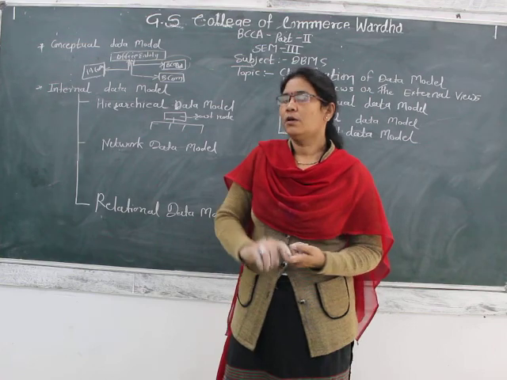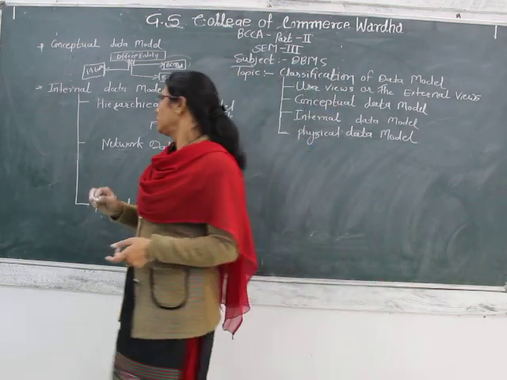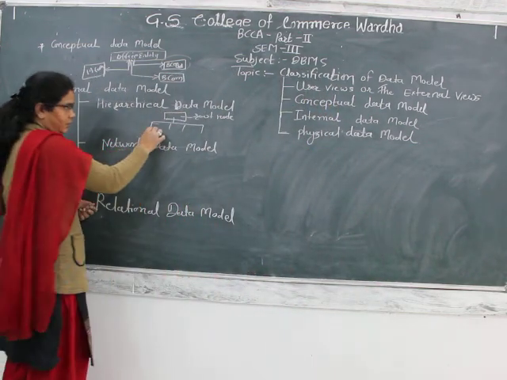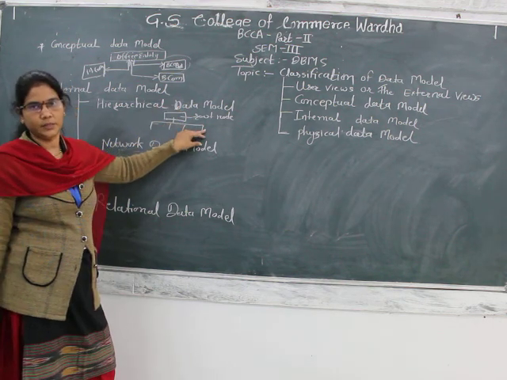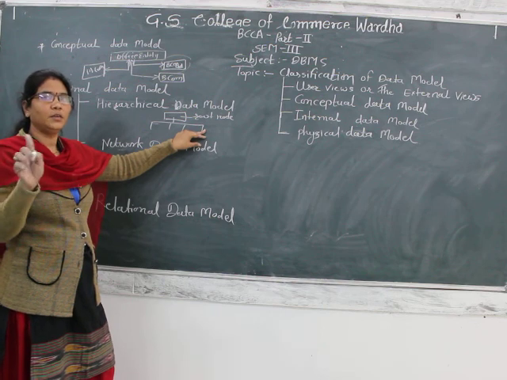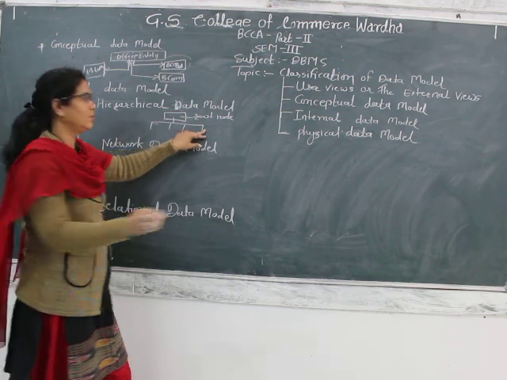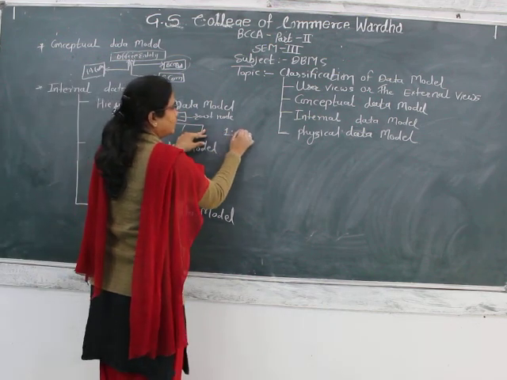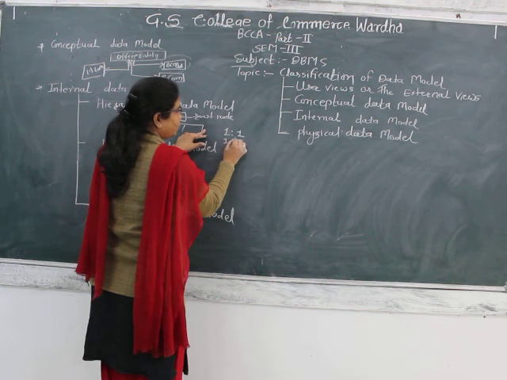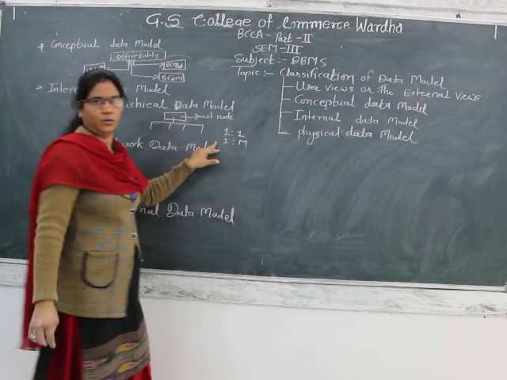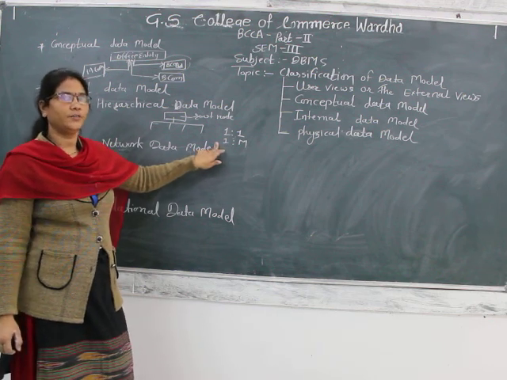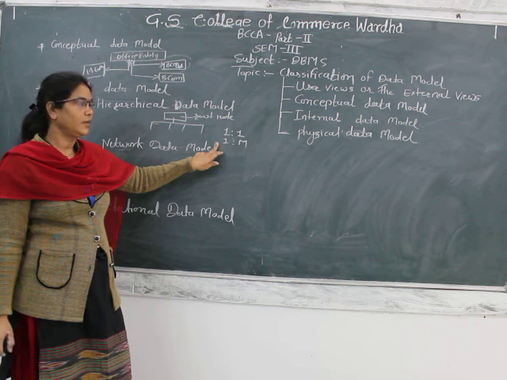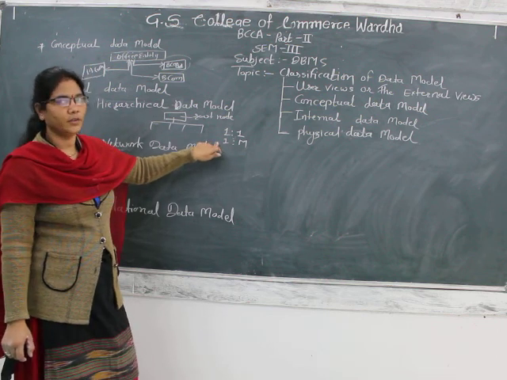Okay, but we have to satisfy one more condition. Which condition? When we design the root node and the leaf node as per the entity, the association between them must be 1:1 or 1:many. The association between the fields and the association between the files I already told you in my previous lecture.